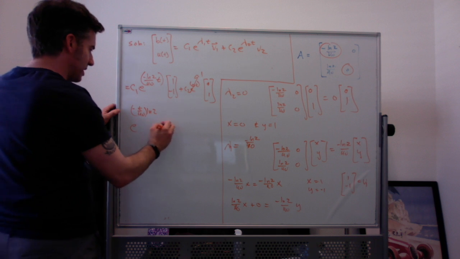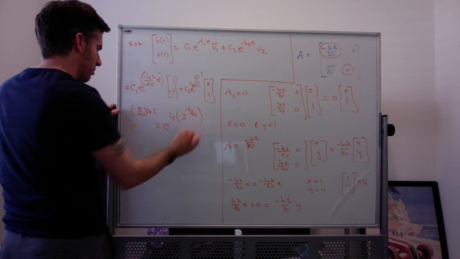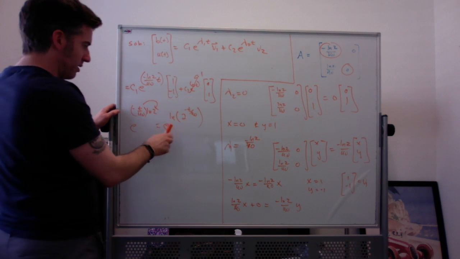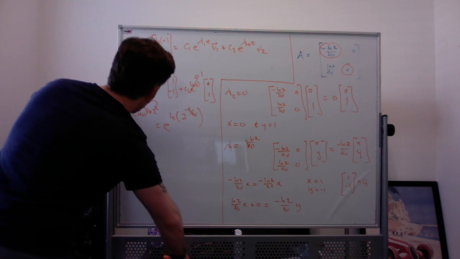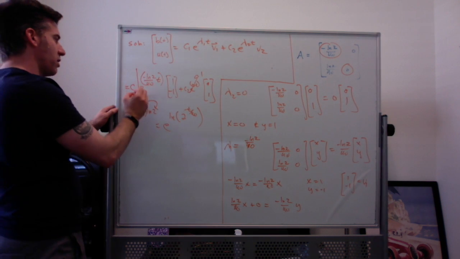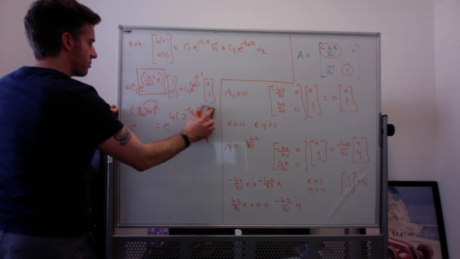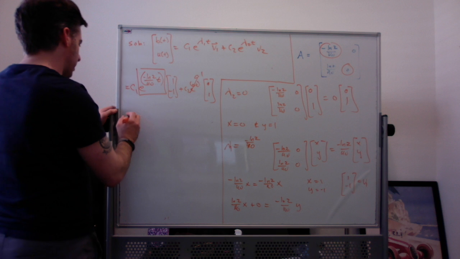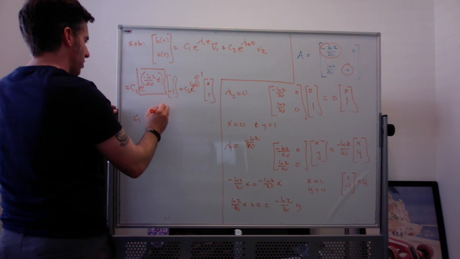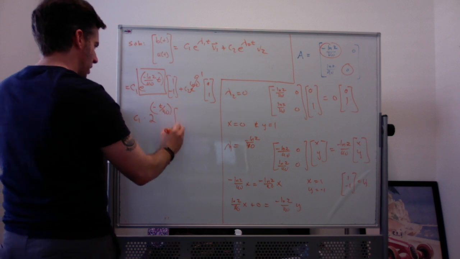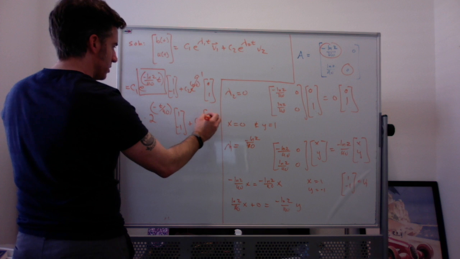And I can write that as e to the natural log of 2 to the negative t over 40. This can come out as the coefficient, and e to the natural log of some stuff is just the stuff. So I can write this whole part as 2 to the negative t over 40. So I've got c1 times 2 to the negative t over 40 times 1, negative 1 plus c2 times 0, 1.